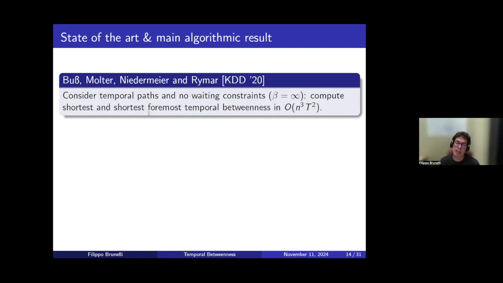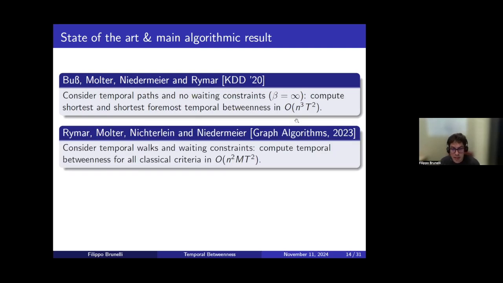So among the paths with earliest arrival time, you are only interested in those that have the minimum number of edges. And they compute the temporal betweenness of all nodes in n cube T square, where capital T is the number of distinct time instants in the temporal graph, as arrival or departure of temporal edges.